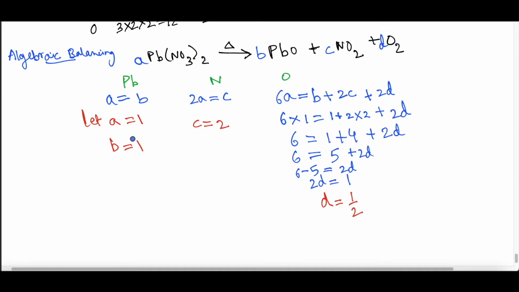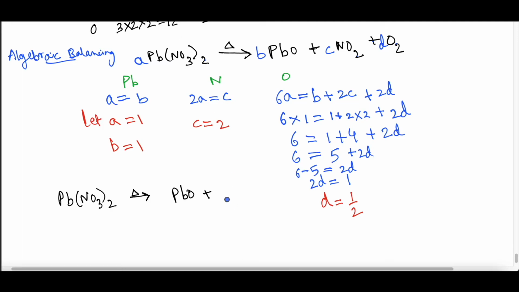So on putting the values of these alphabets in the main equation, we have A as 1. So the equation is 1 Pb(NO3)2 upon heating gives B PbO, and B is 1, so 1 PbO, plus C NO2.